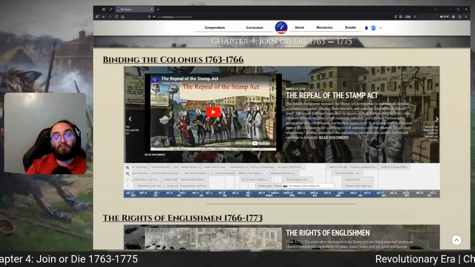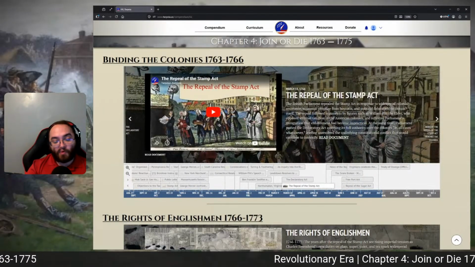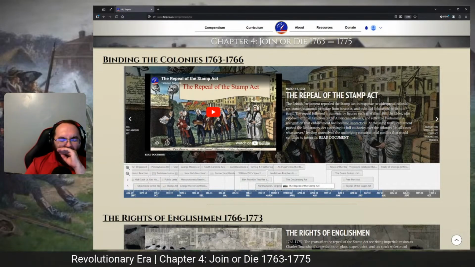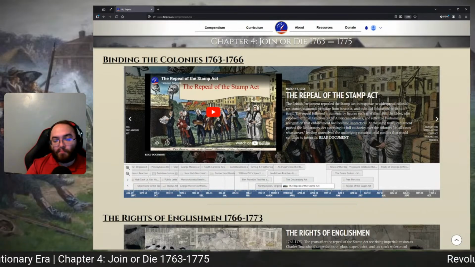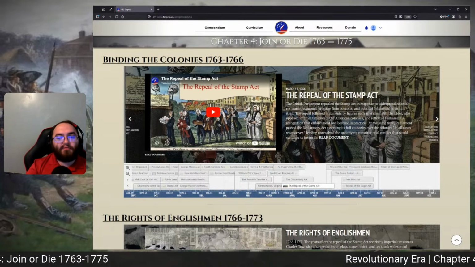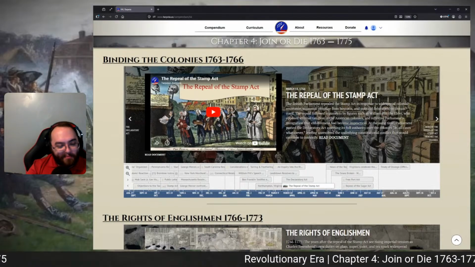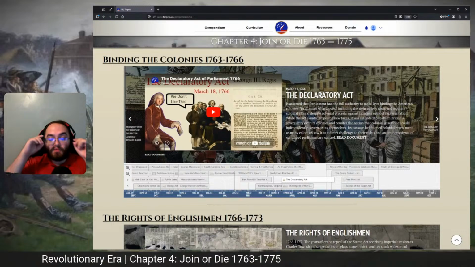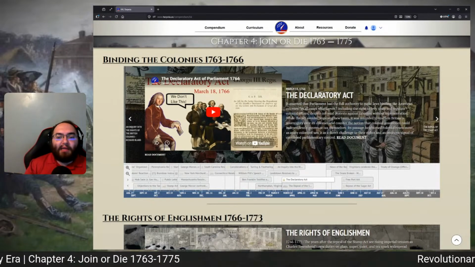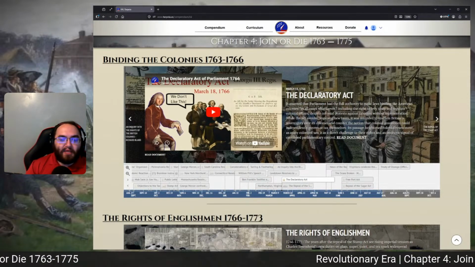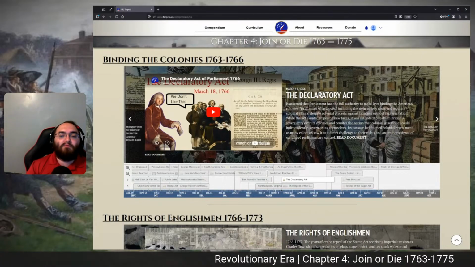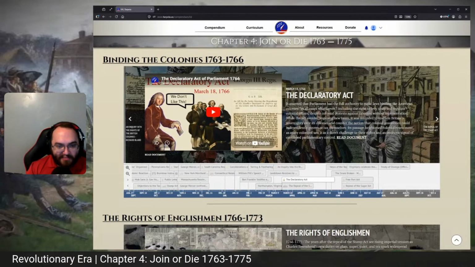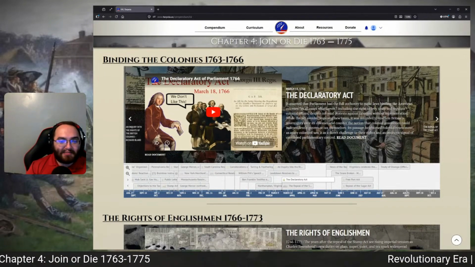Now, Parliament will repeal the Stamp Act on March 18th, 1766. On the same day that the repeal of the Stamp Act happened, you have the Declaratory Act. And so, same day, and this is going to be the most insightful, it is the most incendiary policy that Britain will pass.